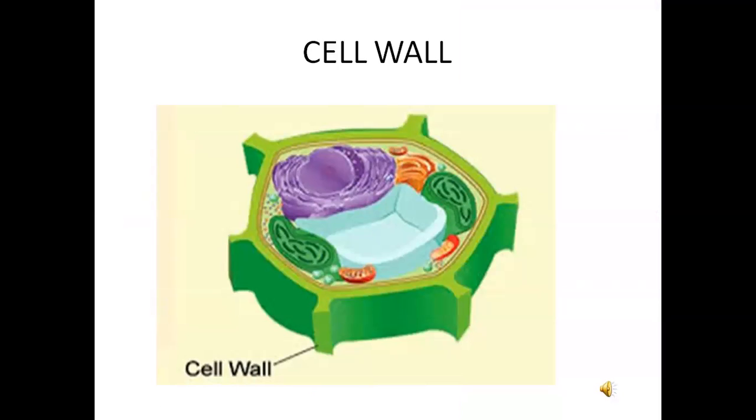Cell wall. The cell wall is the supporter and protector of the cell. All animal and plant cells are enclosed or surrounded by a cell membrane, as you learned before. However, as you might have noticed previously, animal cells often have an irregular shape, whereas plant cells have a much more regular and rigid shape.